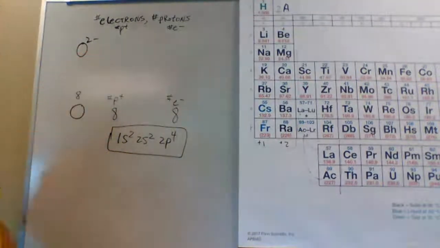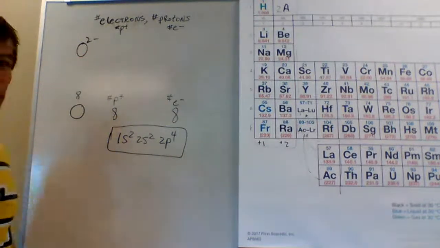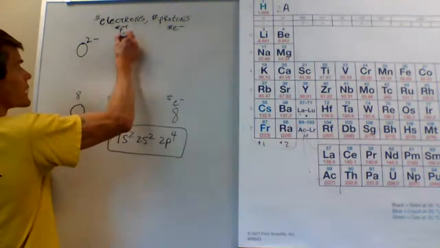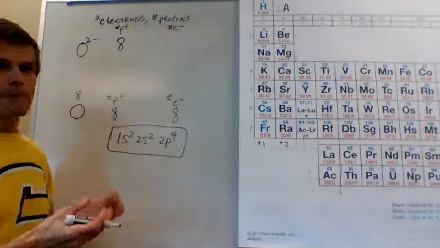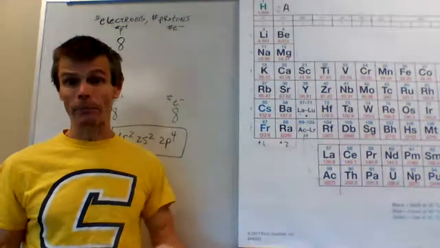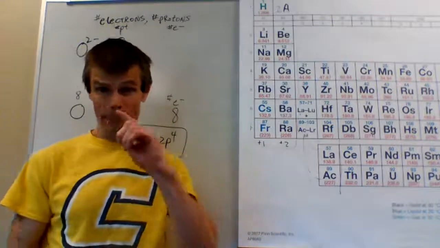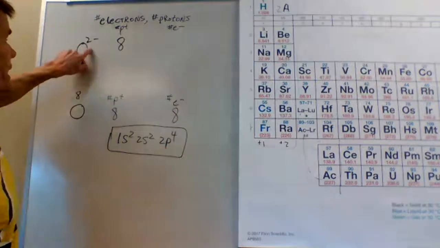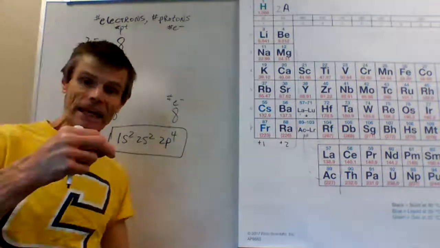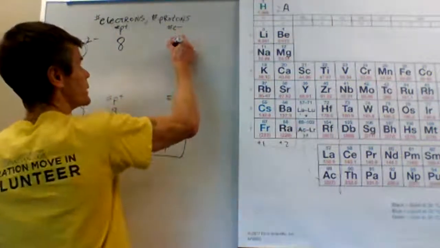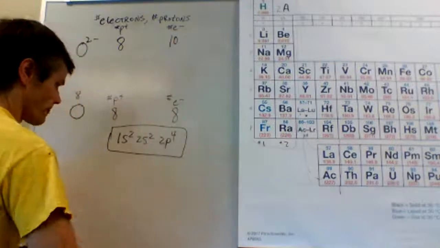The oxide anion, which is formed from the oxygen atom, would have the same number of protons. Remember, it's the same atom. The only thing that's changing is the number of electrons associated with that atom. Since it's negatively 2 charged, it gains 2 units of negative charge, and we would have 10 electrons.